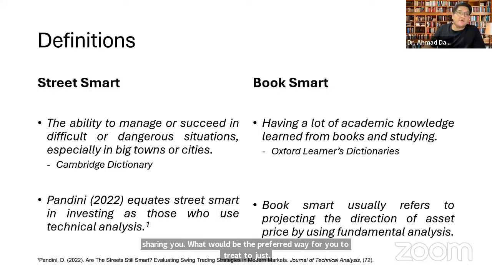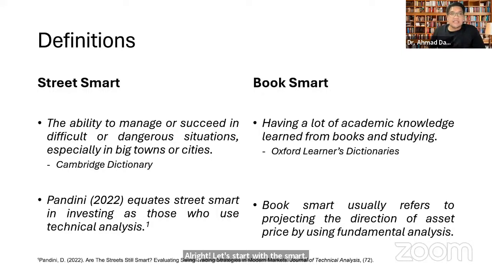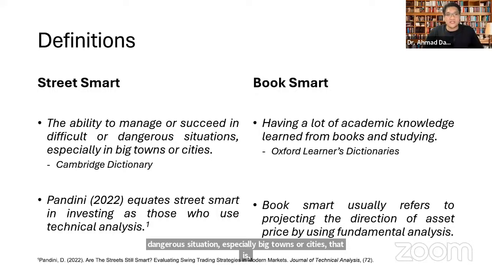All right, let's start with street smart. This definition comes from the Cambridge Dictionary: the ability to manage or succeed in difficult or dangerous situations, especially in big towns or cities. That is a very general definition.